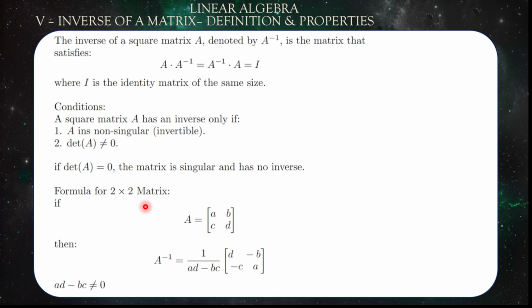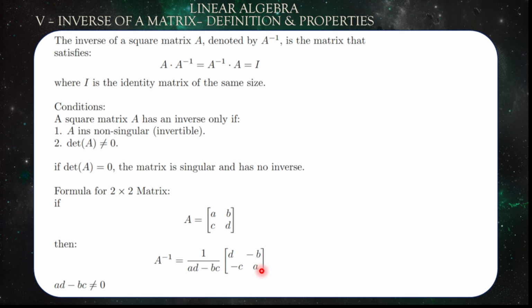The formula for a 2 by 2 matrix: if A is equal to [a, b; c, d], what would be the inverse matrix of A? A^-1 is equal to 1 divided by the determinant of A, which is ad minus bc, multiplied by the matrix where a and d are swapped. We place d in place of a and vice versa.